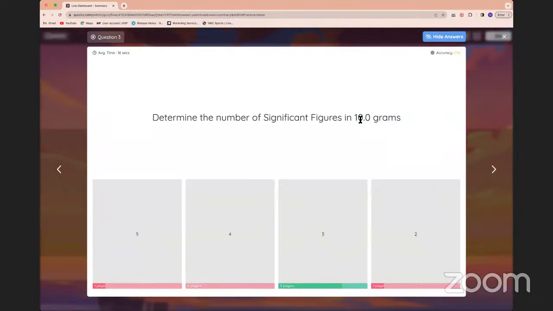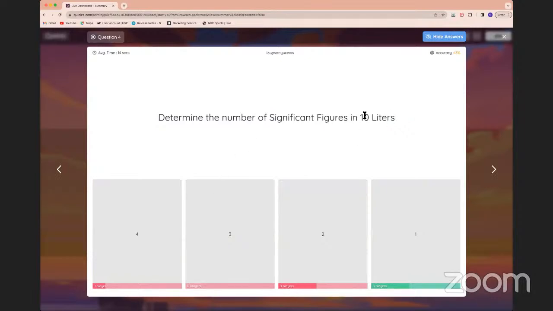So basically, any zero that's sandwiched between two significant digits is also significant. And then here, 4 of the 7 class members got this wrong.